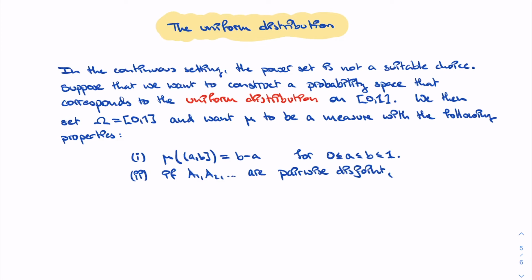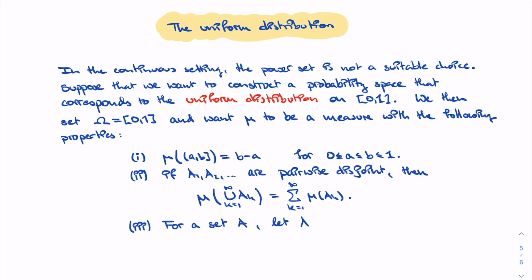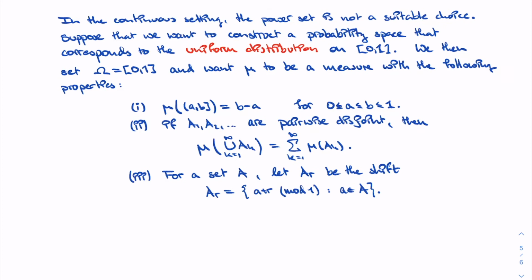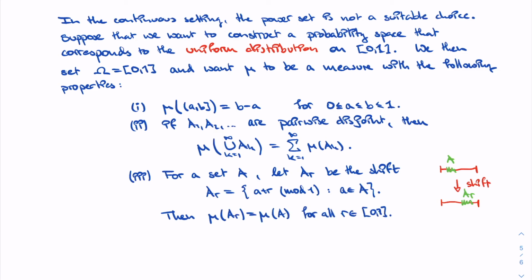Second, we want the measure to have the property of countable additivity. Finally, since the probability of a set corresponds to some notion of length of that set, then if we shift the set horizontally by adding a number r to each of its elements, then the probability of that set should not change, because by shifting we do not affect the length.